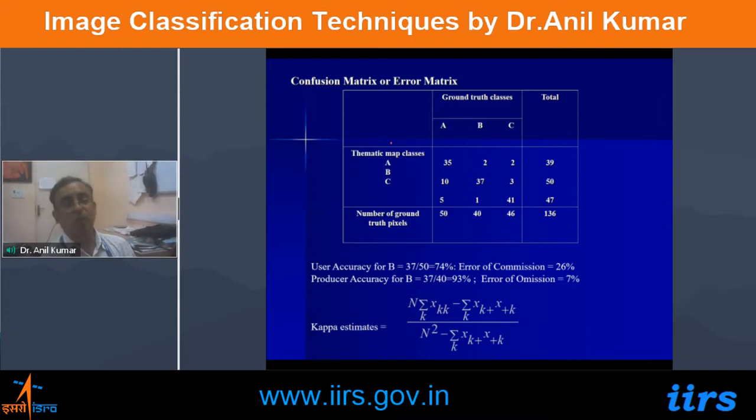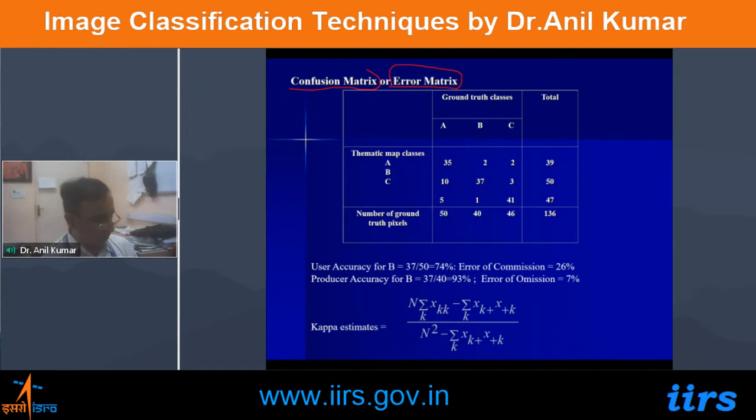Next one, once we get the classified map, the question comes: what is the accuracy of my map? So there are standard methods to assess my classification output, that is the confusion matrix. This is also called the error matrix, right?